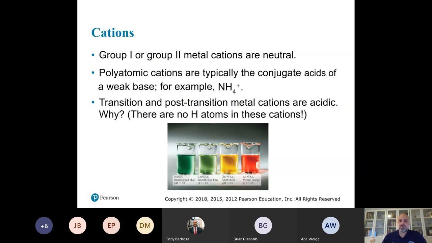And the reason for that, if we dissolve sodium ion and react this with water.